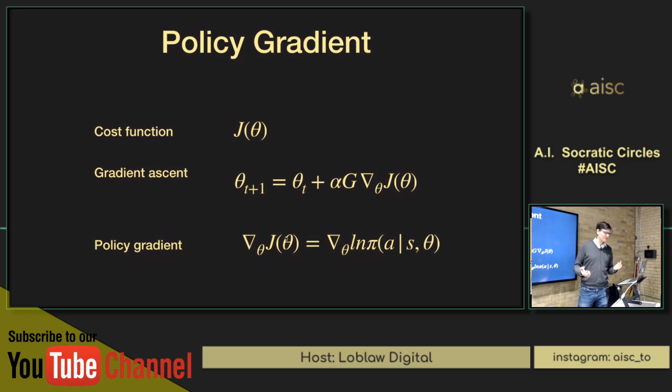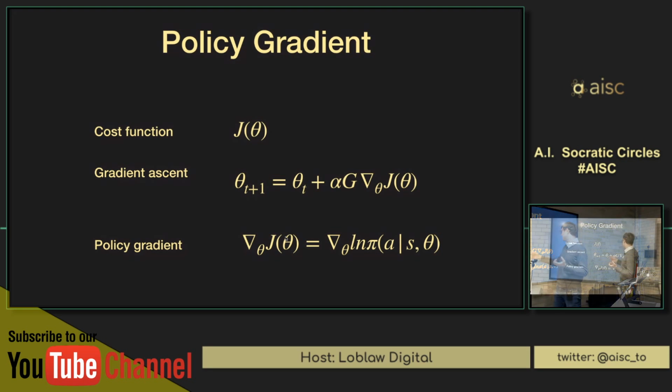The cost function is defined as J of the parameters of my neural network, right? And we say, okay, I want to do gradient ascent over time: my model at time t is updated by alpha, times my reward, or the reward of the series, times the policy gradient.